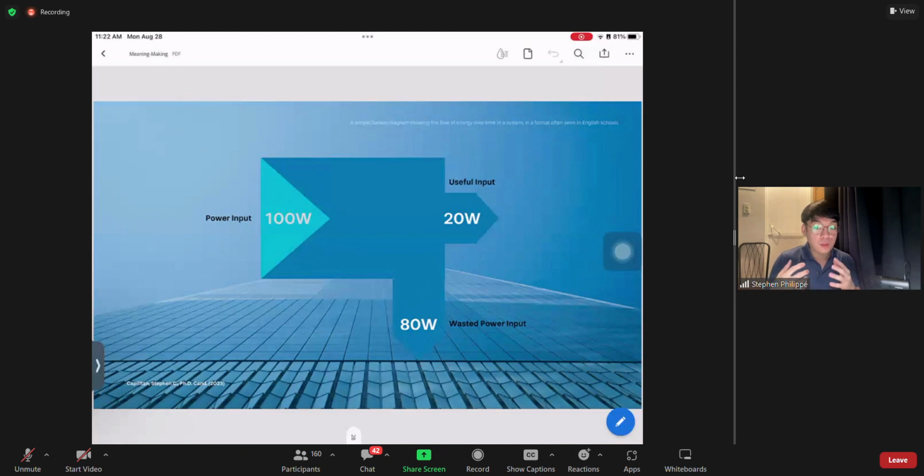So what is it? This is a very simple Sankey diagram. Why a Sankey diagram? A Sankey diagram is the flow of energy over time in a system. So we have a power input of 100 watts. And then how do we define it?